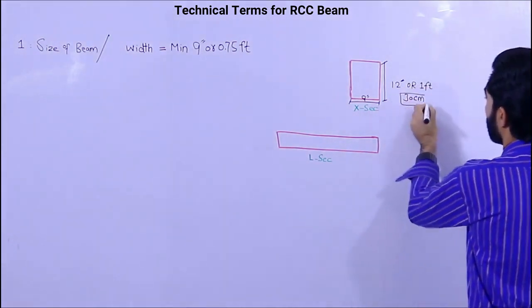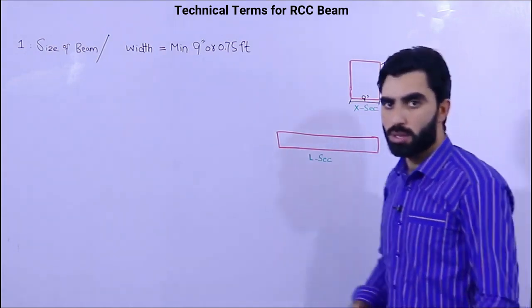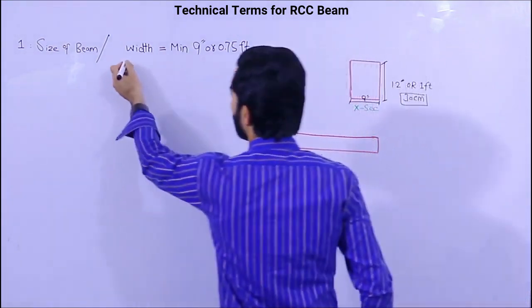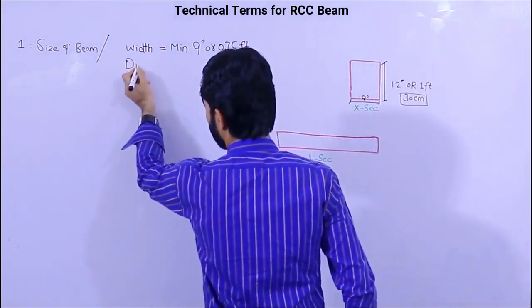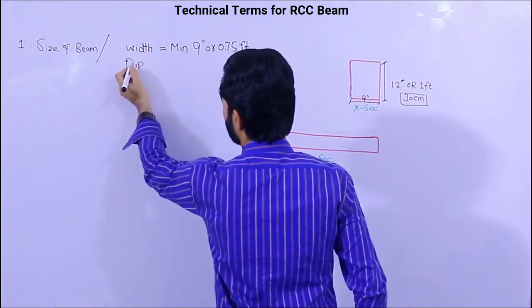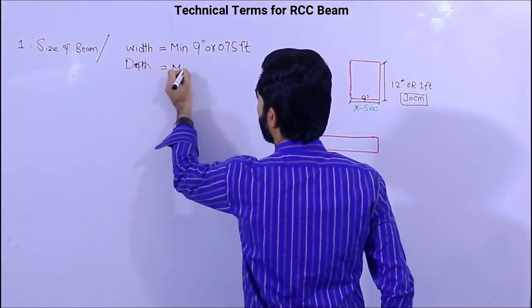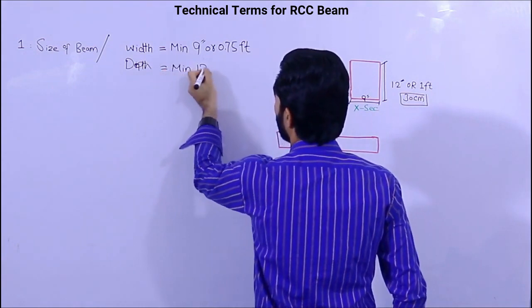It should not be less than this for G+1. So the depth should be minimum 12 inches for G+1, I am telling you.